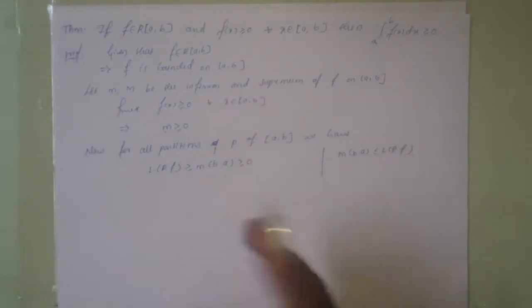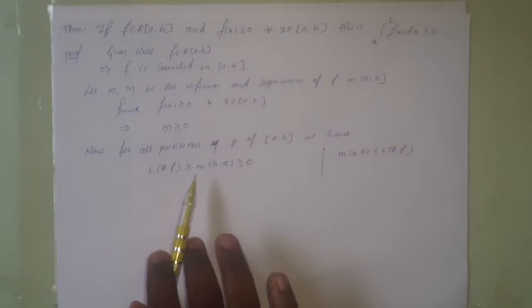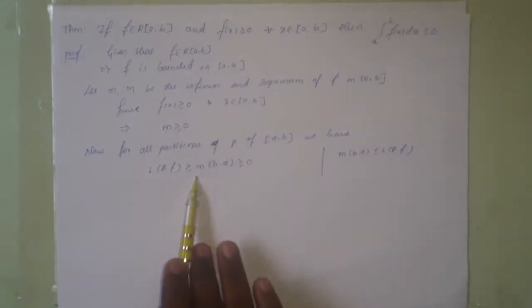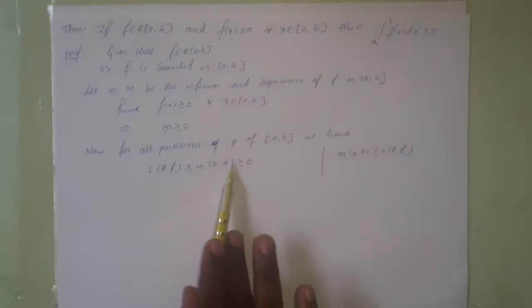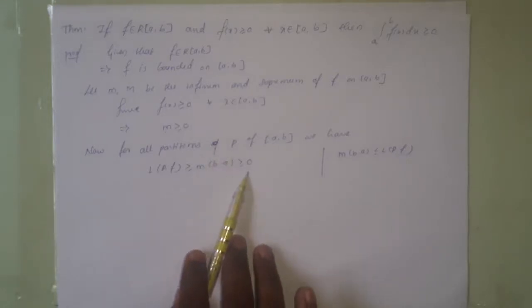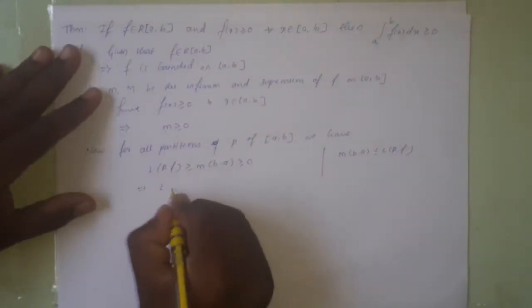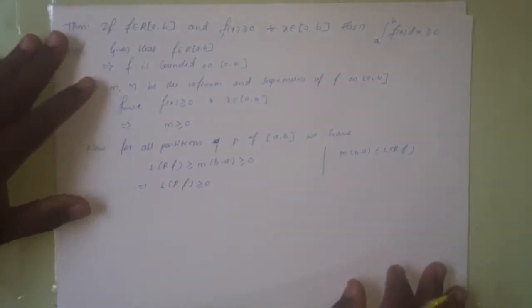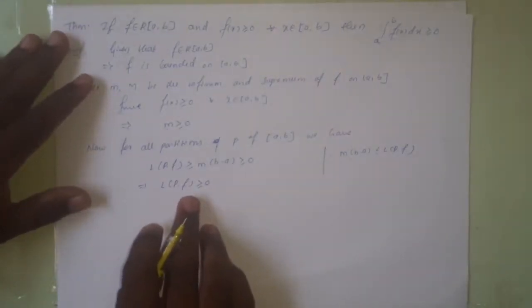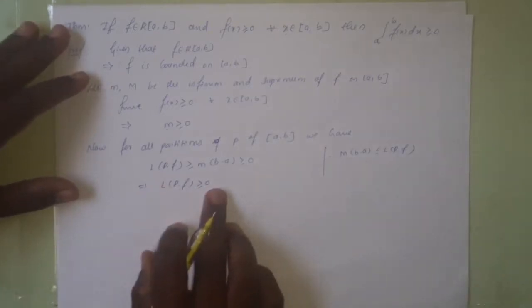So, here we have written the same result in the reverse order, that is L(P, f) is greater than m times (b minus a). Here, since m is greater than or equal to 0 and b minus a is always positive, this product is always greater than or equal to 0, then it implies that each L(P, f) is always greater than or equal to 0, means all the lower Riemann sums of the function f over the partition P will be greater than or equal to 0.